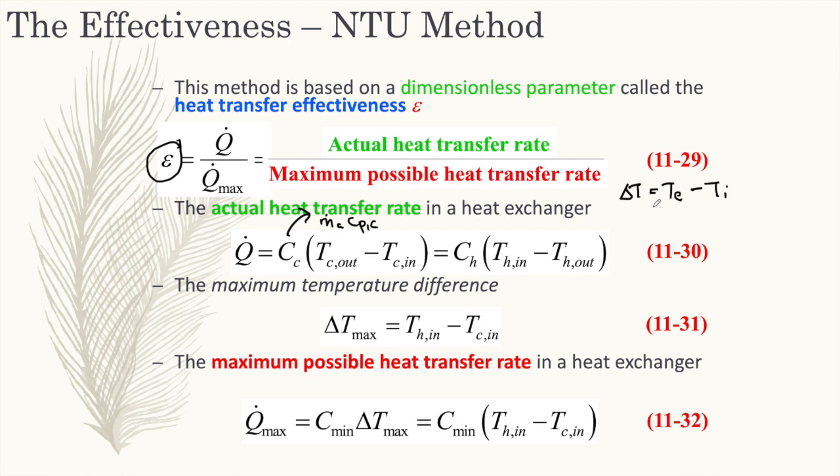It doesn't matter if you use TH out minus TH in to fulfill the delta T requirement of exit minus inlet temperature, but then you will get a negative value.